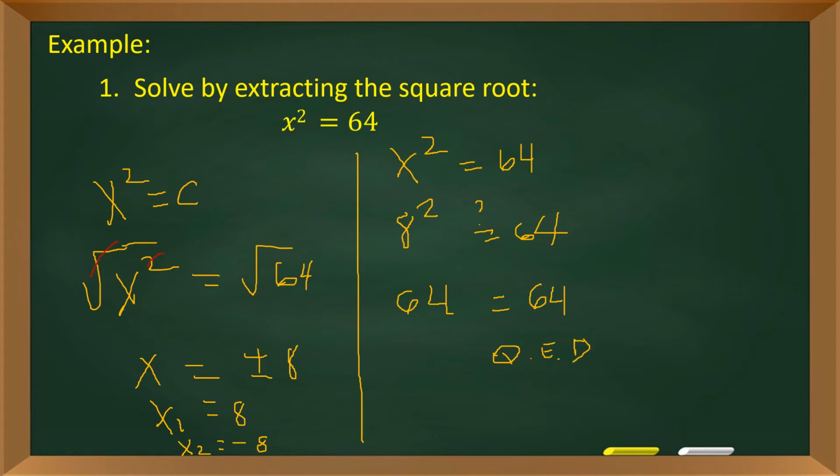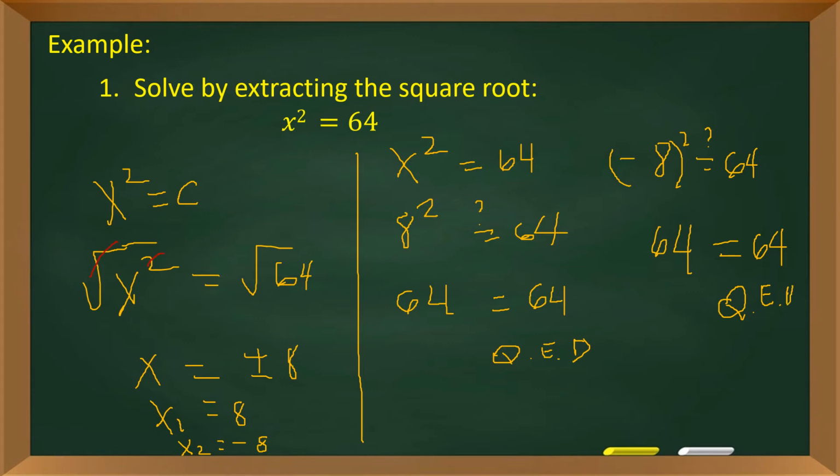Now, on our x2, which has a value of negative 8, again substitute negative 8 to x. So you have negative 8 squared is equal to 64 also. But negative 8 squared, which means negative 8 times negative 8, is also 64, which is equal to 64. Oh, we forgot the question mark here. And since 64 equals 64, then that's QED.